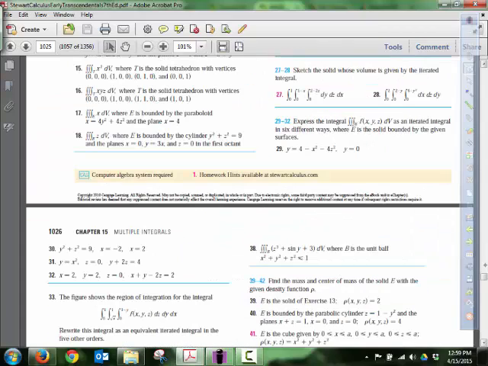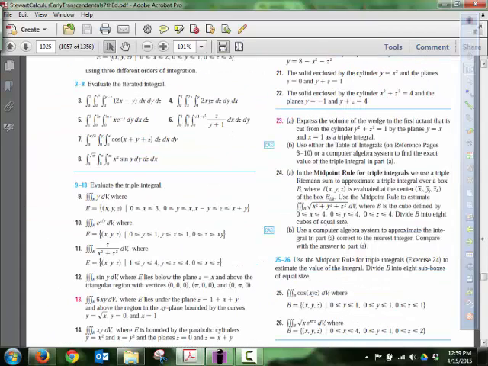So the important part about doing a triple integral, as you probably saw in the double integrals, is focusing on the region that you're integrating over. In this case, it's a solid that you're integrating over.